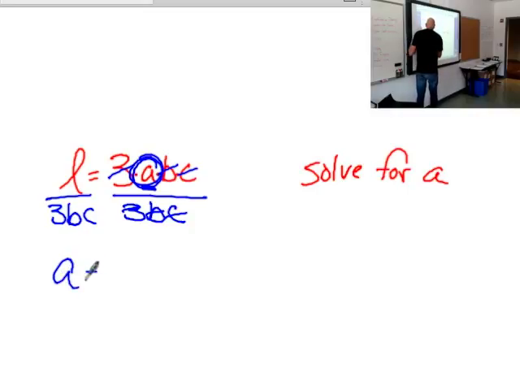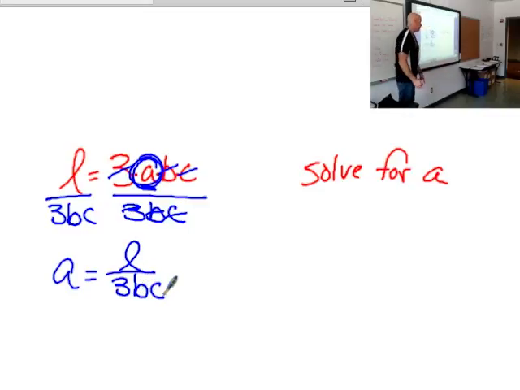So A is equal to L over 3BC. You'll have something very similar where you'll have a number and 3 variables. These are called literal equations. If you apply the rules of inverse operations, you can go no wrong.